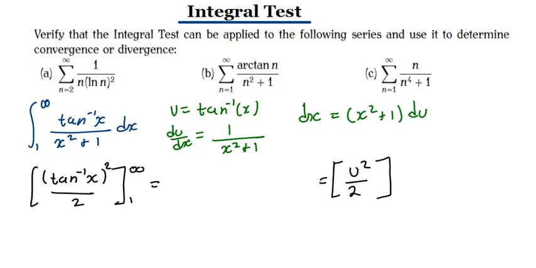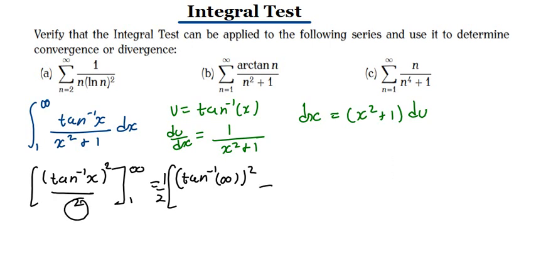What is this equal to? So I'll say tan inverse of infinity, squared. Let me just put 1 over 2 outside. Then I'll say minus, again open bracket, tan inverse of 1, then squared. What is this equal to?